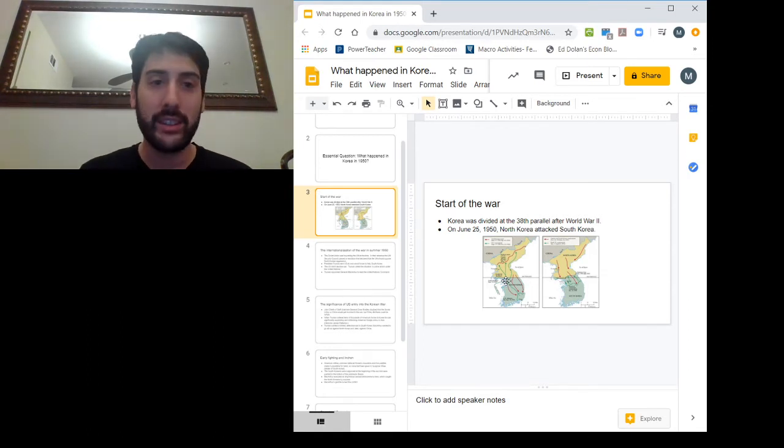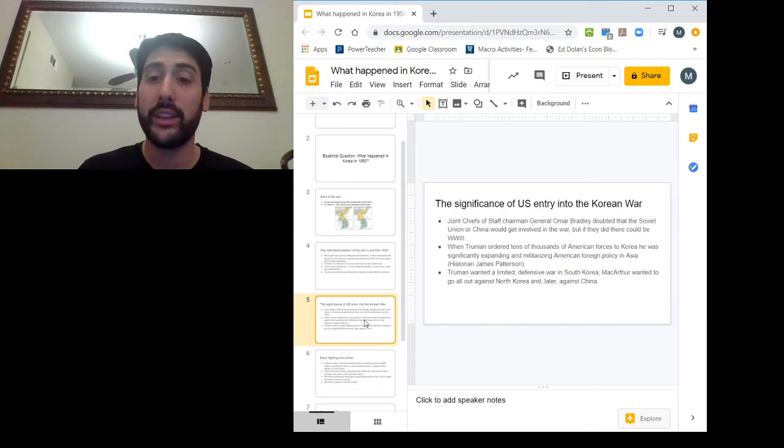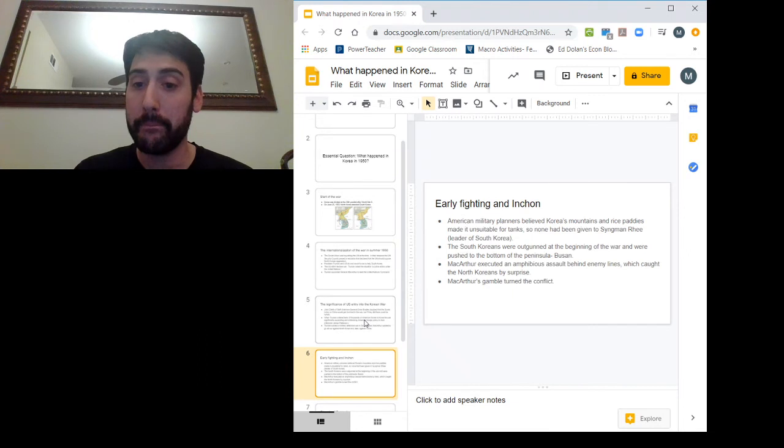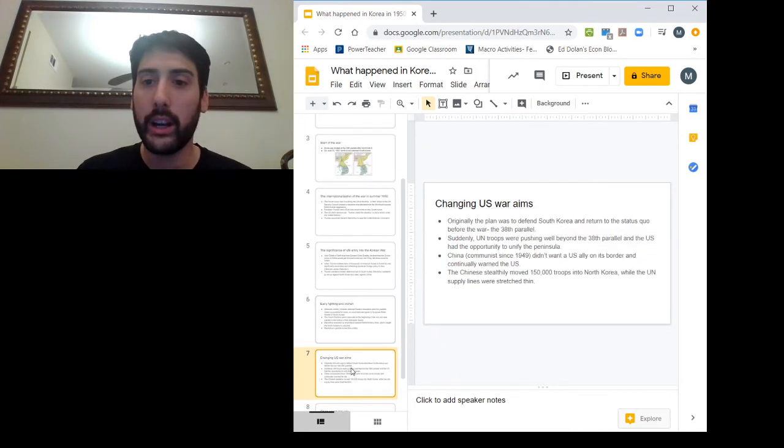They didn't see this coming. And all of a sudden, they are in complete retreat, right? So the North Koreans totally caught off guard, and they are going as far north as they possibly can. They are running away, all right? So this was a huge gamble, and it totally changes the entire war, the entire conflict, all right?